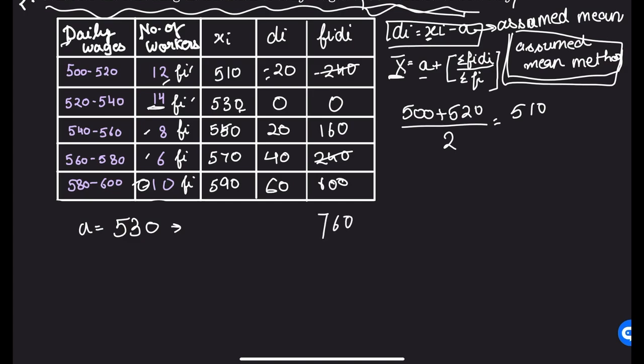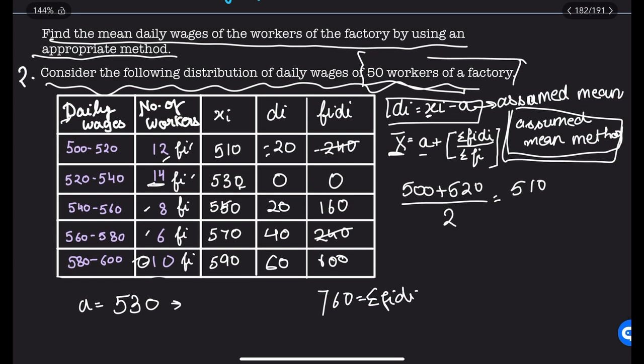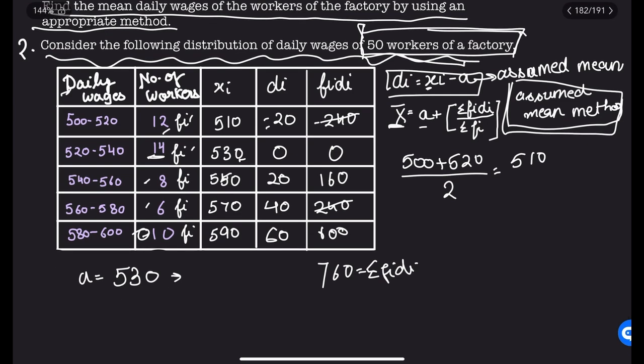So it is 760, the sum of fidi. Then the sum of fi. There are 50 workers of the factory, so the sum of fi is 50.